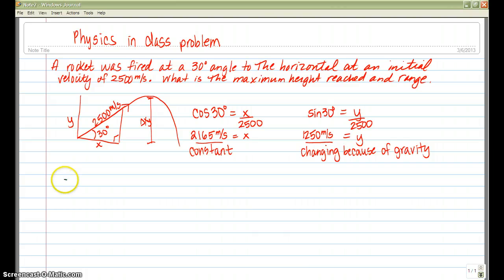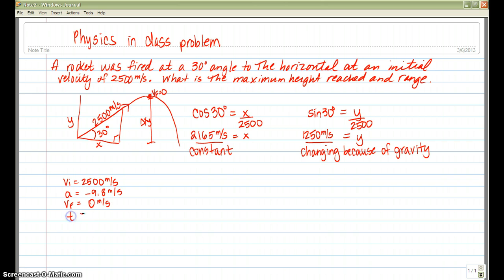To help us find that height, we know our initial velocity of our rocket is 2,500 meters per second. We know our acceleration, at least going up, is 9.8 meters per second. We know at the top of this motion, our final velocity is going to be 0.